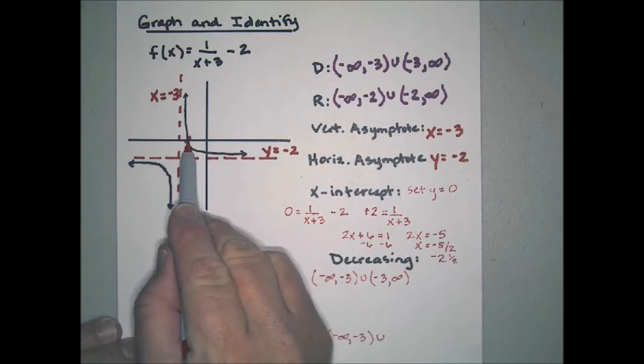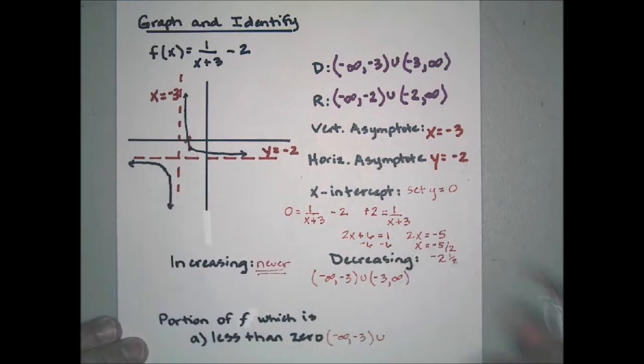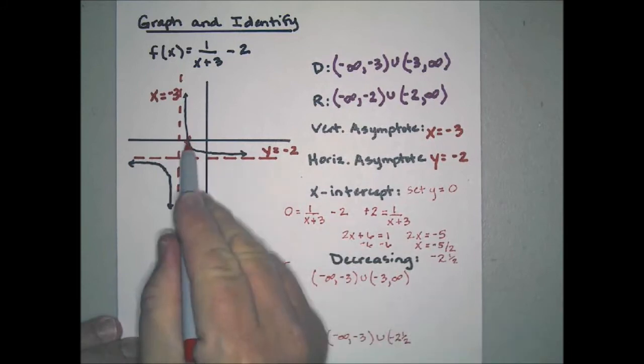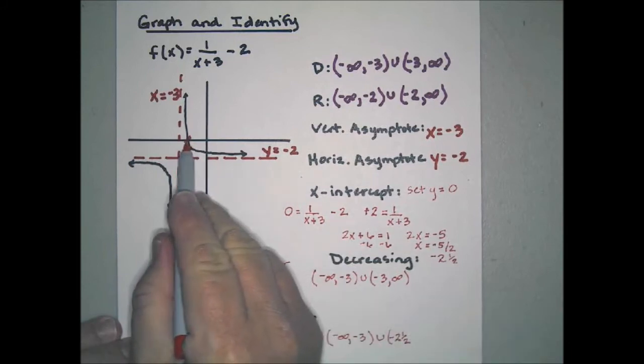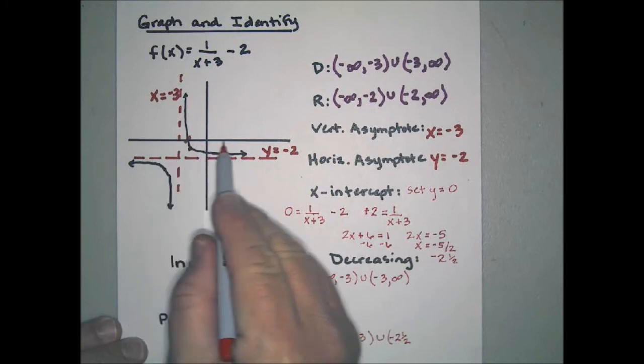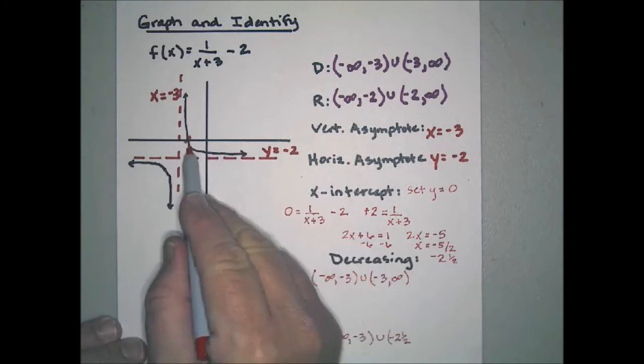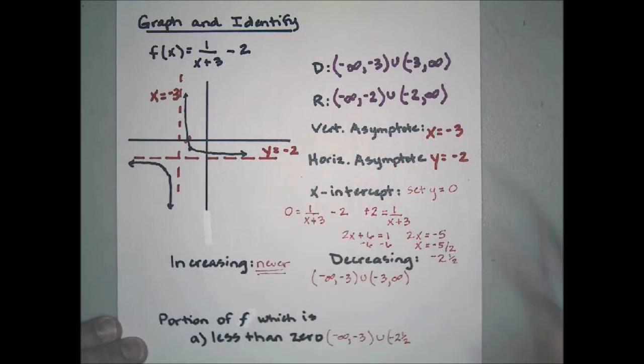Only the part that starts at the x-intercept. That's why the x-intercept was an important point to find. So the x-intercept was negative 2.5. So starting from right there and going all the values of x to the right, the graph is underneath the x-axis. So negative 2.5 to positive infinity.